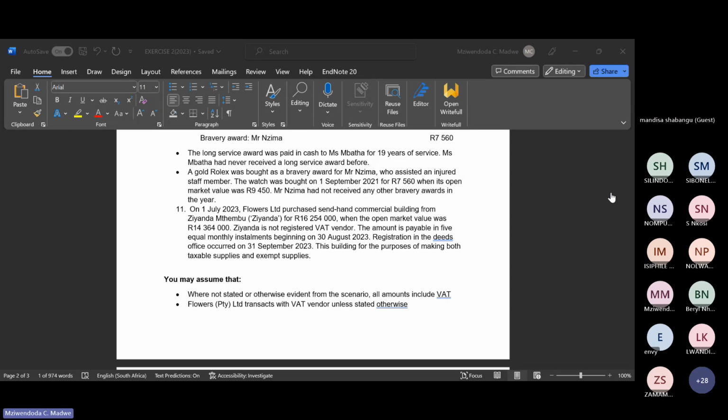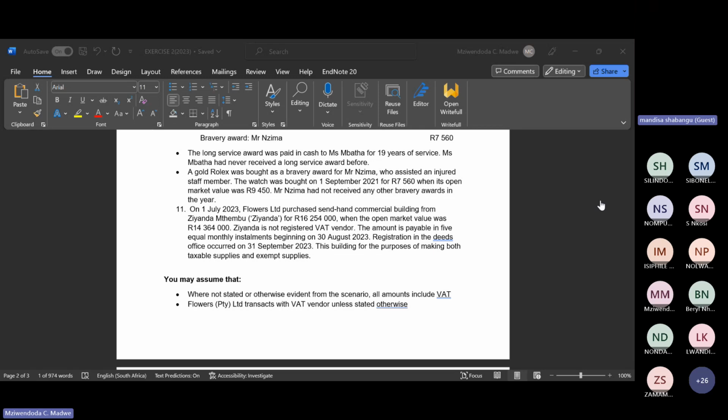Zianda is not a registered VAT vendor. Excuse me, the amount is payable in 5 equal monthly installments, beginning on 30 September 2023. The registration in the deeds office occurred on 31st September 2023. The building is purchased for the purpose of making both taxable and exempt supply.